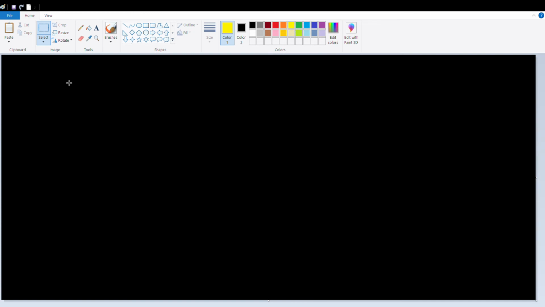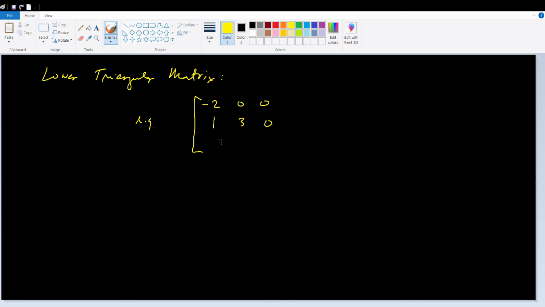Related to that is a lower triangular matrix. So an example: negative 2, 0, 0, 1, 3, 0, negative 2, negative 1, and 5. So the elements along the diagonal and below are not all 0.